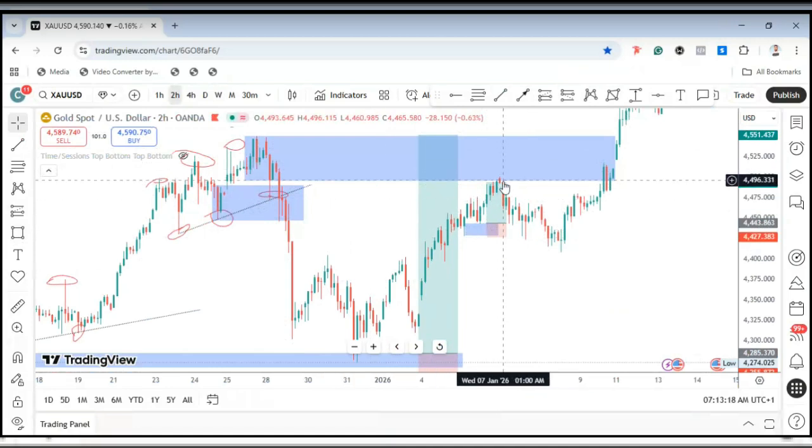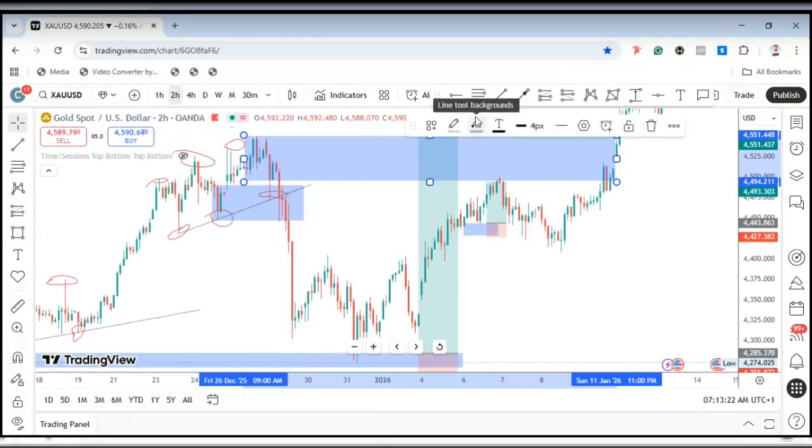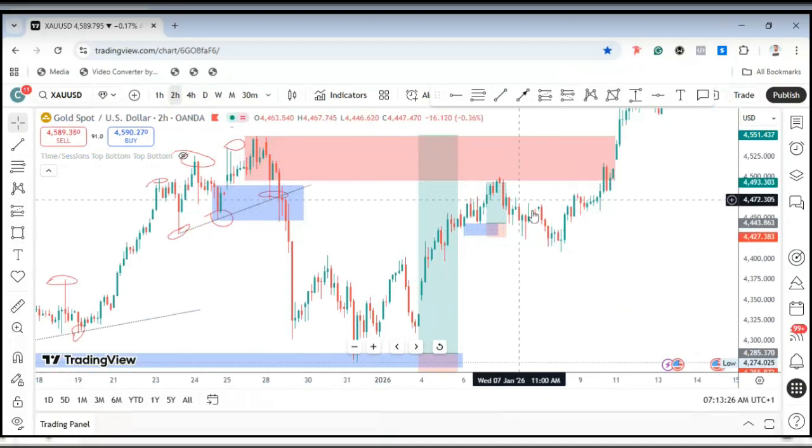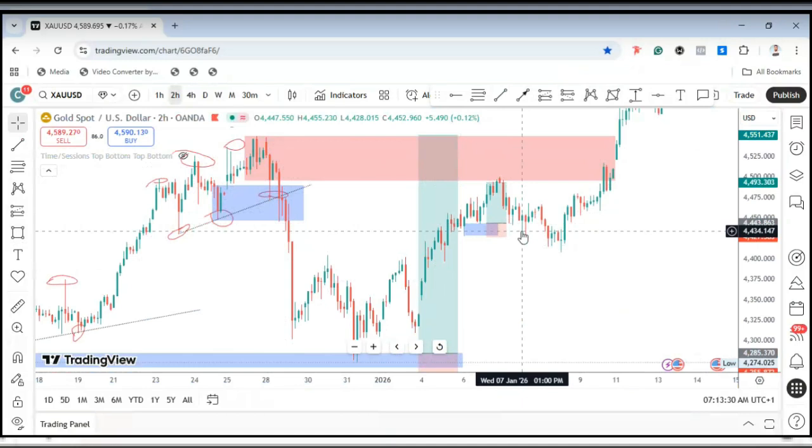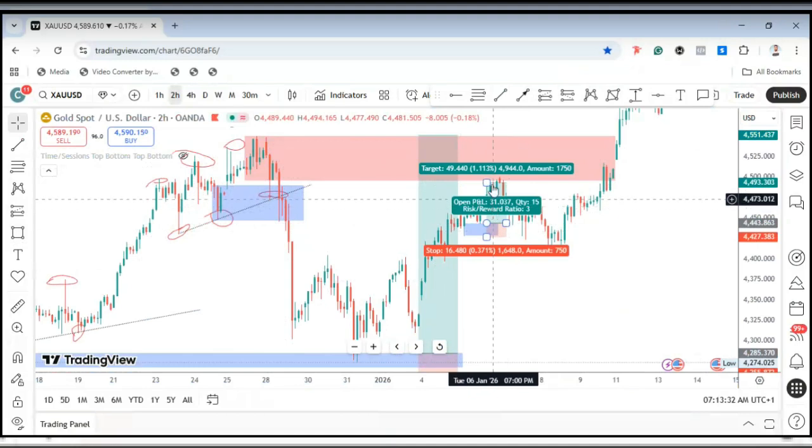See, look at this reaction because this is also a supply zone. Look at this reaction. In fact, on a lower time frame, there's also a break of structure here. So many people lost money here.